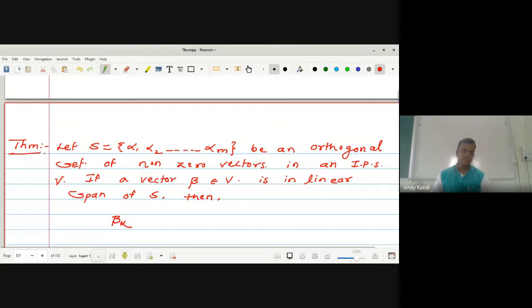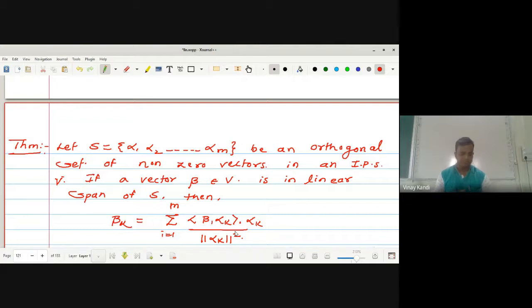beta is equal to summation k running from 1 to m of inner product of beta with alpha k into alpha k divided by norm square of alpha k. Okay, not beta k, beta, sorry.